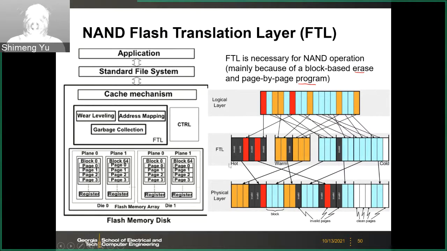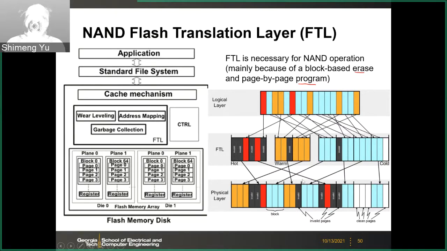And also this FTL will analyze the frequency you fetch the data. You can categorize the data to be hot data, warm data, and cold data, and then therefore you can map them to different blocks. So here this arrow basically shows how you map the data from the logical space to the actual physical space in the NAND flash blocks.